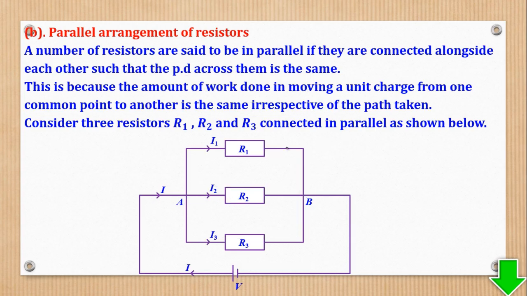That means that the PD across R1 is equal to the PD across R2 and is equal to the PD across R3. But when it comes to current, when it reaches the junction, it must divide. So here it divides: one goes this side through this resistor, one goes this side through this resistor, and another on this side through this resistor.